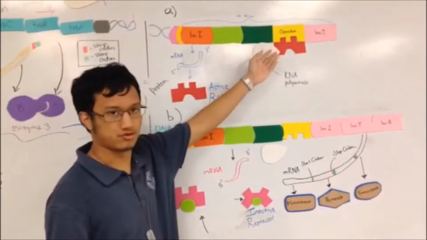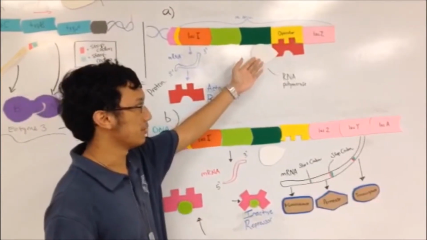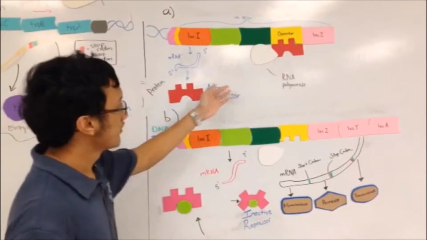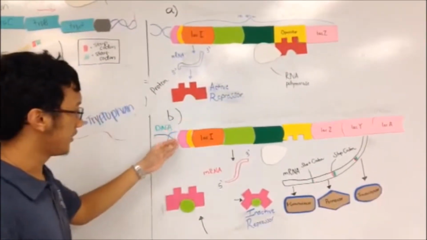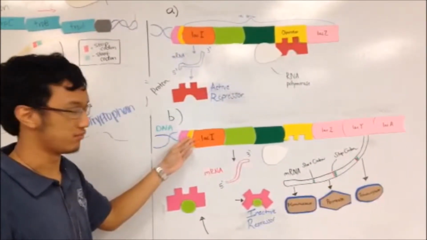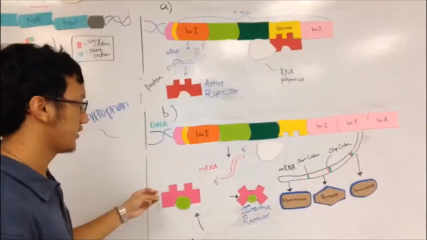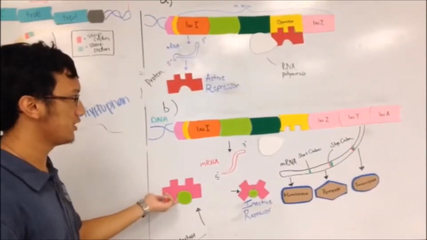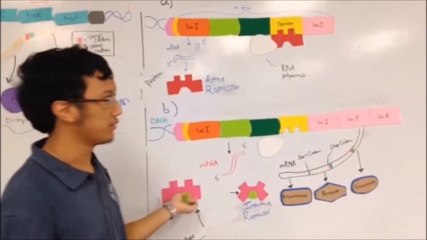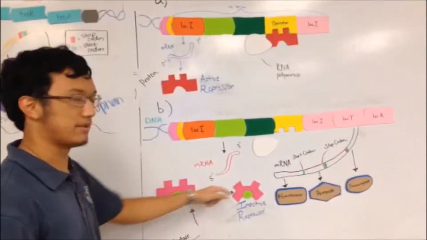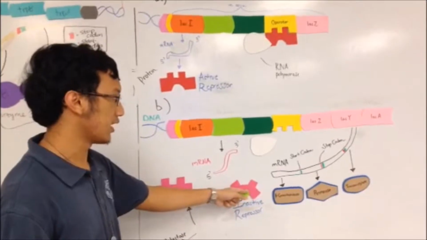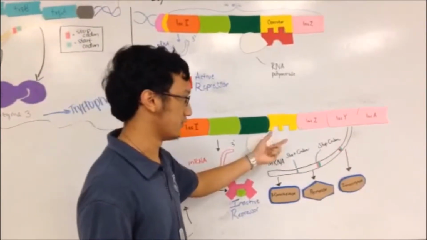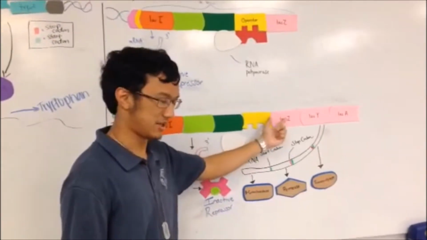Since this operator is usually blocked, RNA polymerase is unable to code for the lactose enzymes. However, when there's a high presence of lactose within the cell, allolactose will bind to the repressor, and this would force the repressor to become inactive. Since it is inactive, RNA polymerase can start coding.